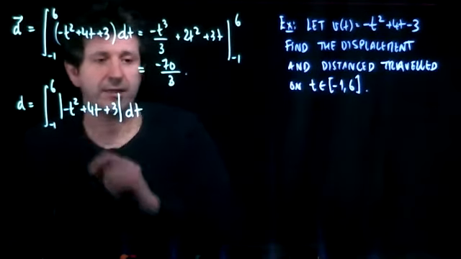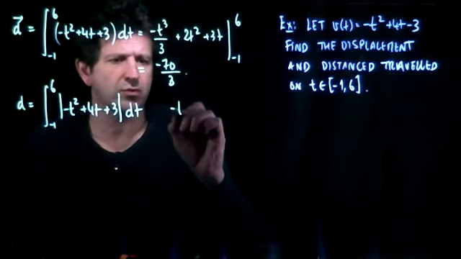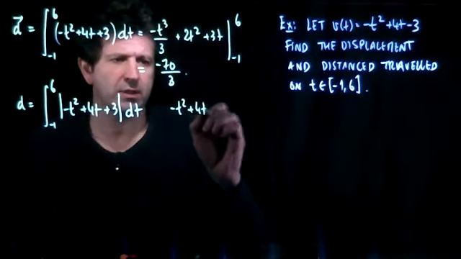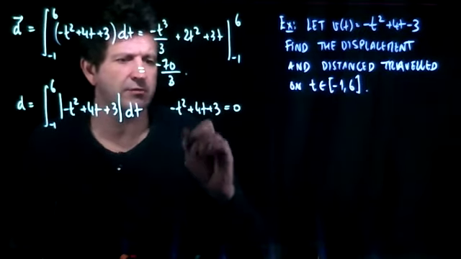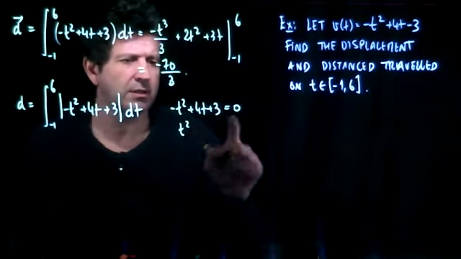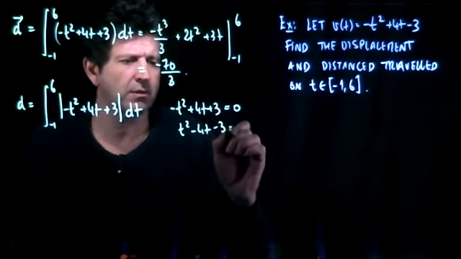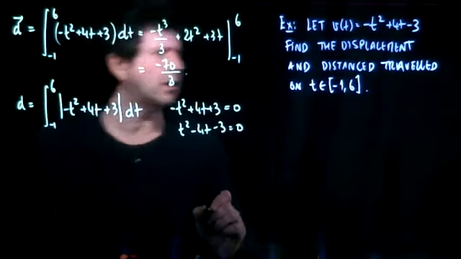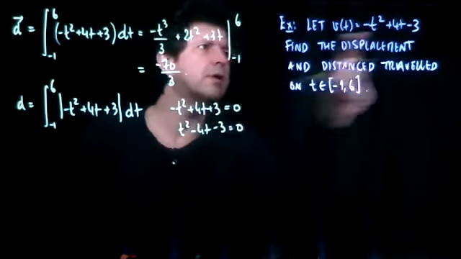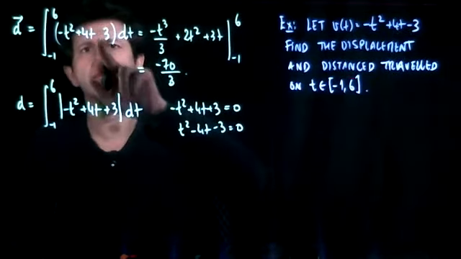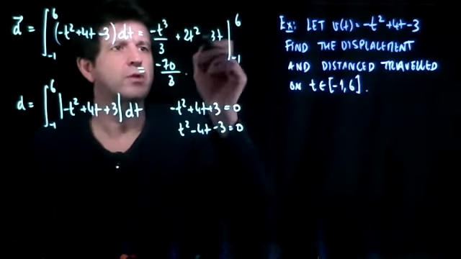So let's analyze the sign. So -t squared plus 4t minus 3, when is that equal to 0? Divide everything by -1. Oh, I wrote it wrong. It was -3. But anyways, you gave me the right answer, so I'm assuming you didn't make the mistake.